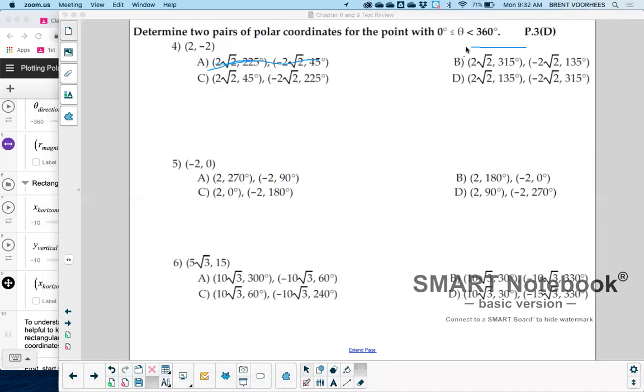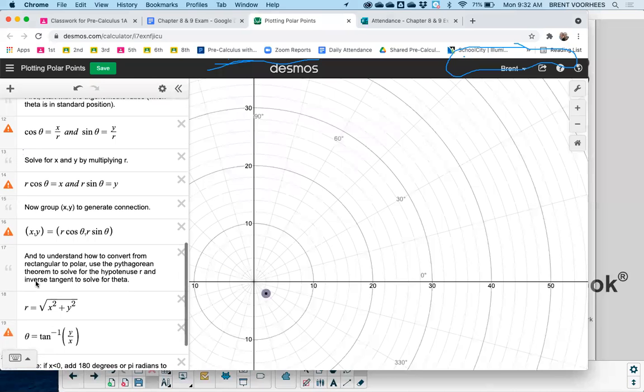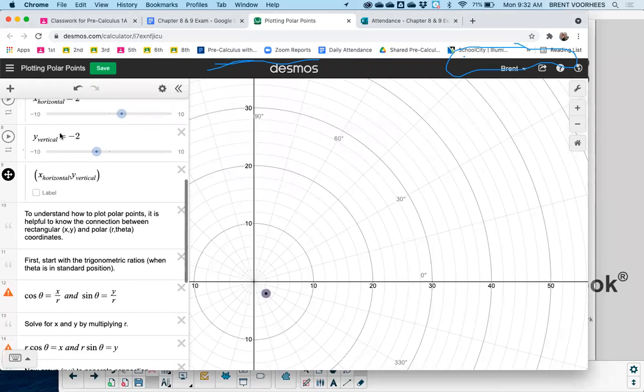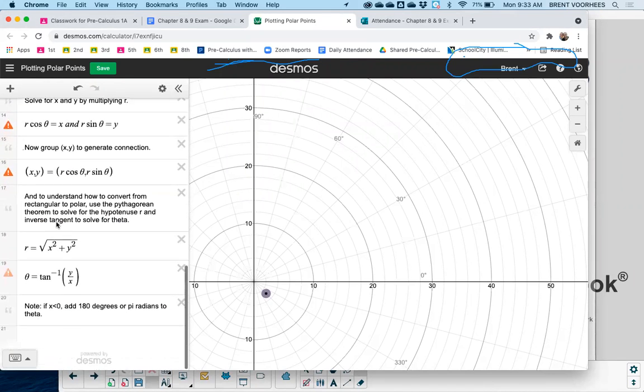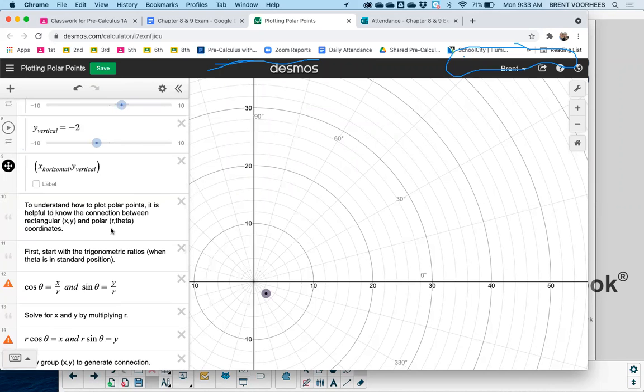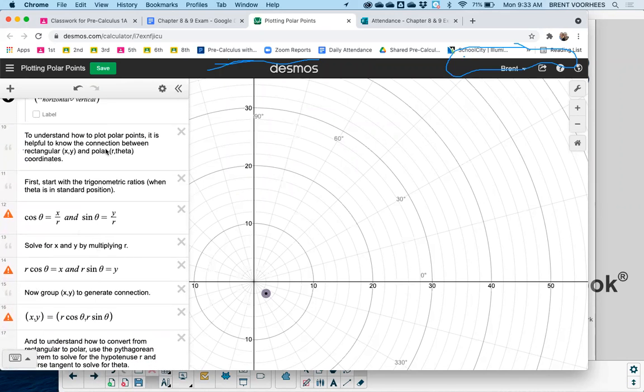Now, if you wanted to do the algebra, by the way, I have the algebra rules written over here, under this portion on the left side. It says to understand how to plot this in algebra, it's helpful to know the connection.